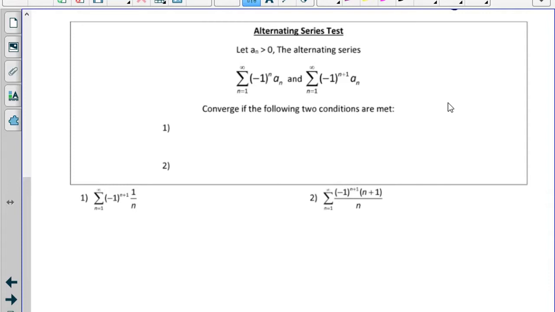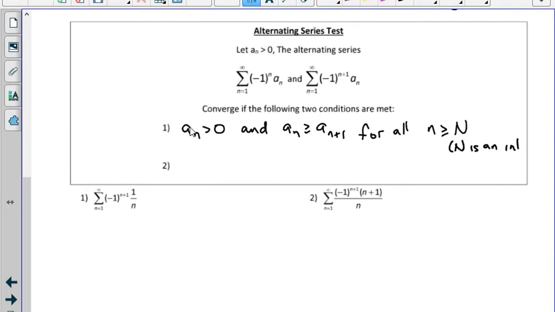Then we have convergence if the following 2 conditions are met: a sub n is greater than 0, and a sub n is greater than or equal to a sub n plus 1 for all n bigger than or equal to some capital N, where capital N is an integer.